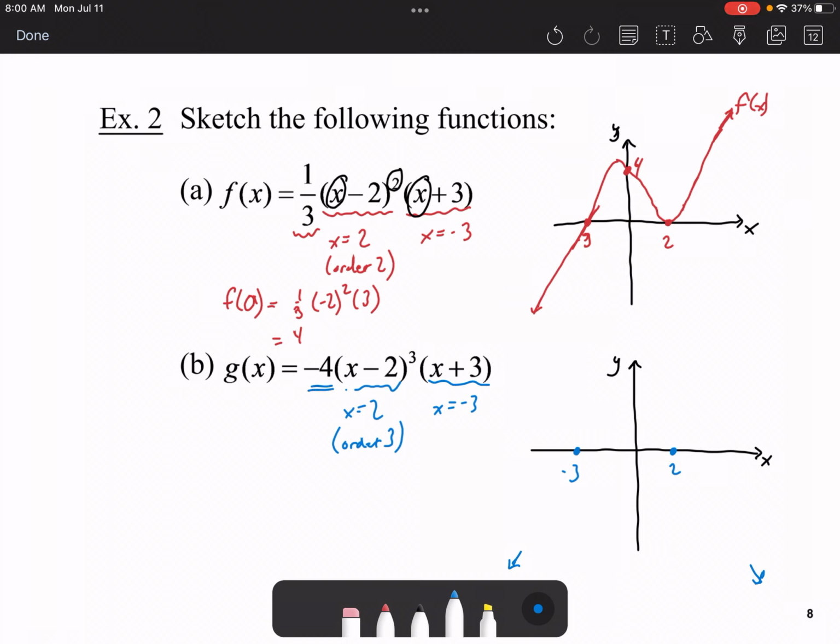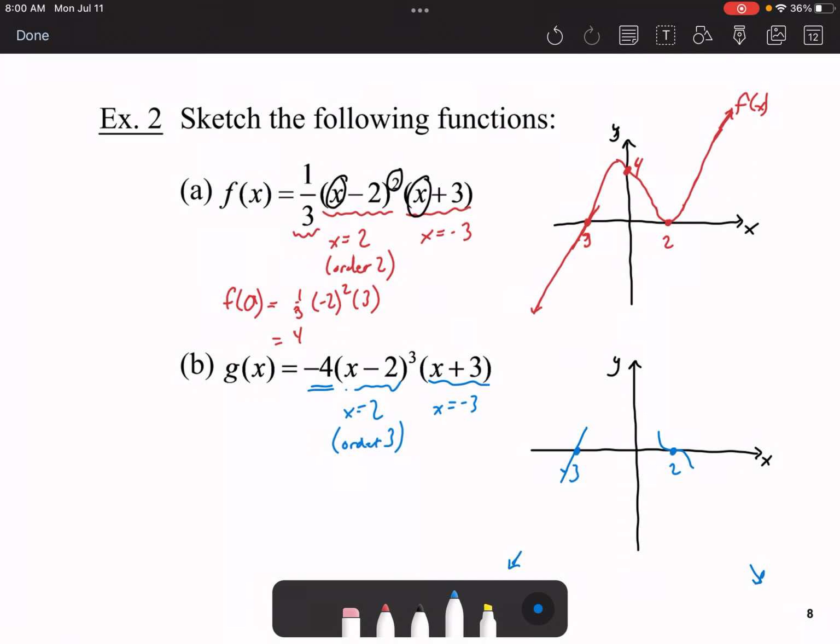That's again because of the negative leading coefficient. It's going through the value of x equal to 2 with an order of 3, so it's going to kind of just hover like that, and it's going to go through x equals negative 3, just going straight through.